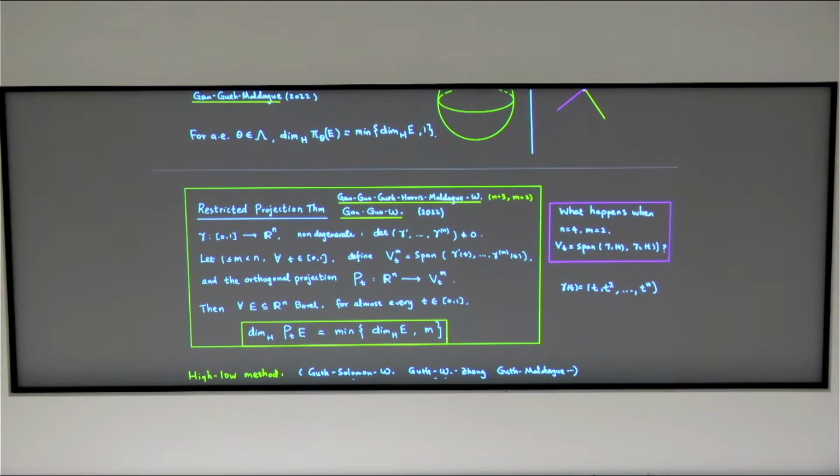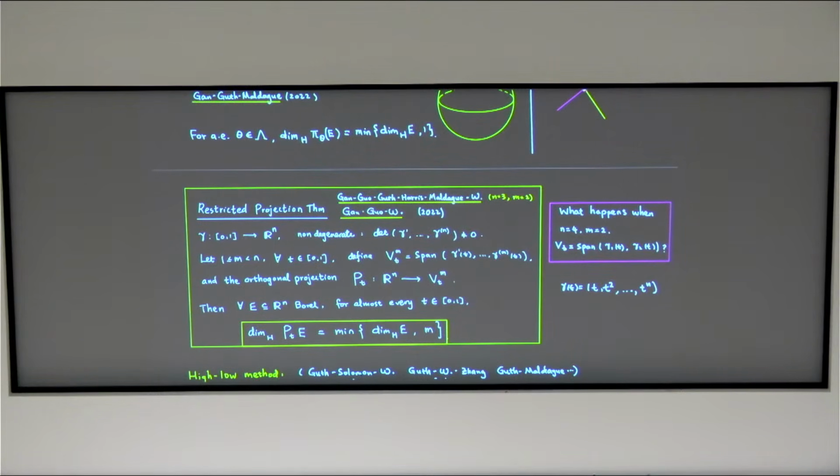So for almost every t, so for almost every point in the parameter, the Hausdorff dimension of the projection image equals the minimum of the Hausdorff dimension of E and m.